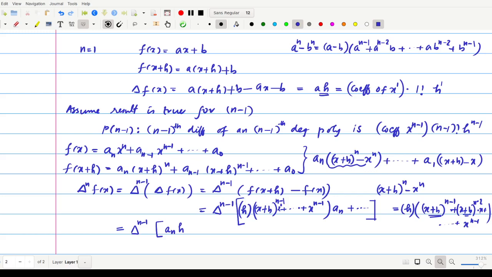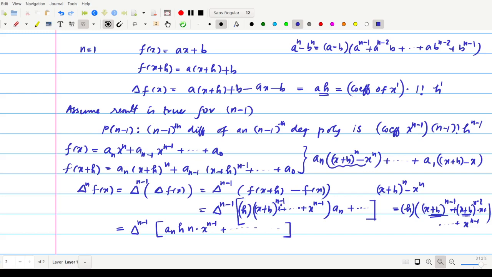When you expand this bracket and multiply it with x, the leading term will be x raised to n minus 1. So the leading term of all these brackets will be x raised to n minus 1. We have n such terms. So this starts from n times x raised to n minus 1 plus etc. We have other terms as well.